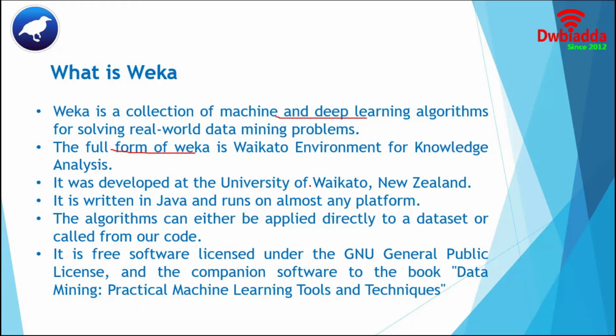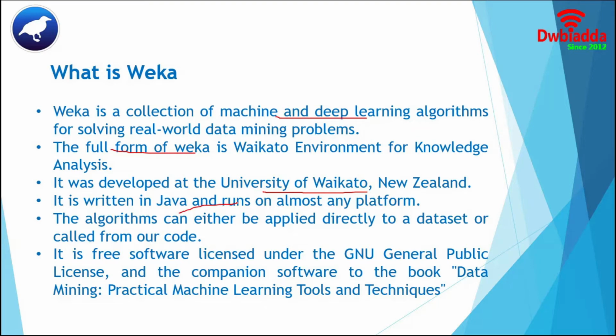The Weka project was funded by the New Zealand government and was developed by the University of Waikato. The initial versions of Weka were written in C, with some evaluation routines written in Prolog. In the middle of 1999, the 100% Java-based Weka 3 was released.